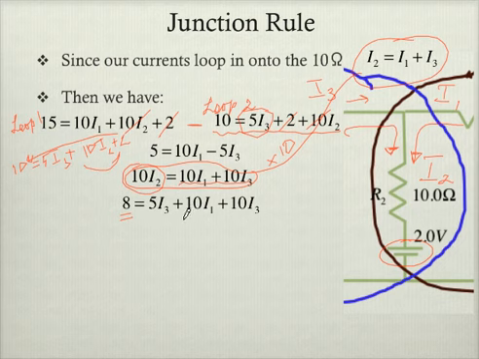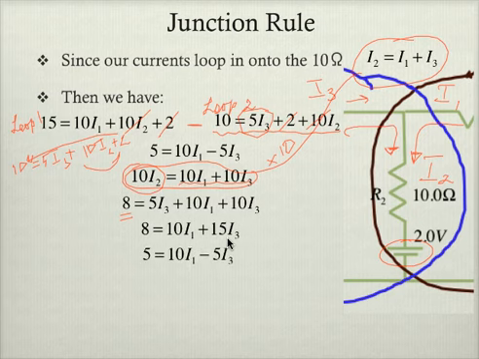So 5i3. Instead of 10i2 again, I'm writing 10i1 plus 10i3. That brings me to 8 equals 10i1 plus 15i3. Then that equation right here, I got from subtracting one equation from the other. So there you go.